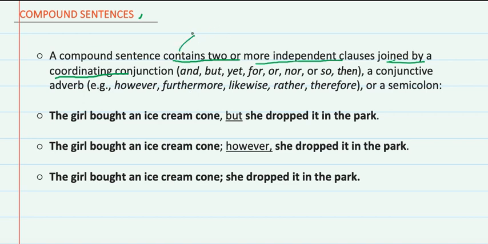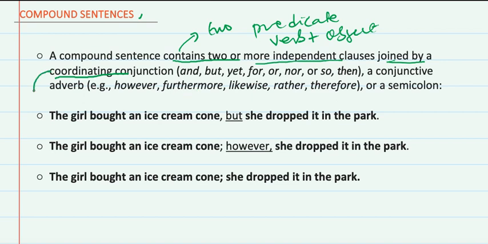So what we should understand is that we have two or more predicates, that is the verb and the object, and they are being joined by a coordinating conjunction.